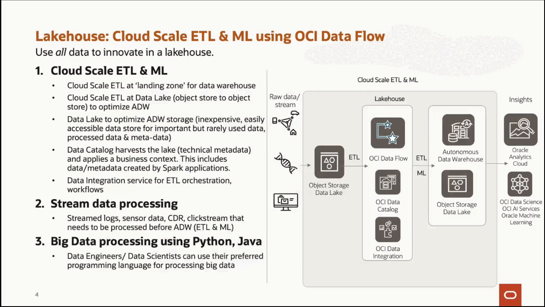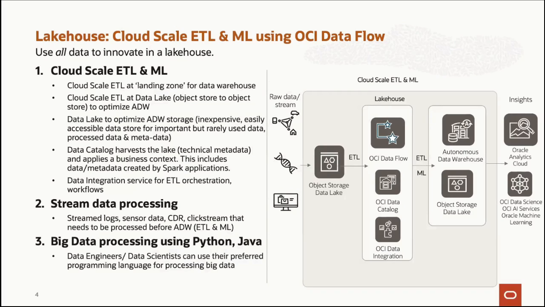In this case, we'll be doing cloud scale ETL with OCI Data Flow. One of the capabilities of Data Flow, being a managed Spark service, is that it can do stream processing. It can do machine learning on top of stream data. And you are not limited to any specific language.